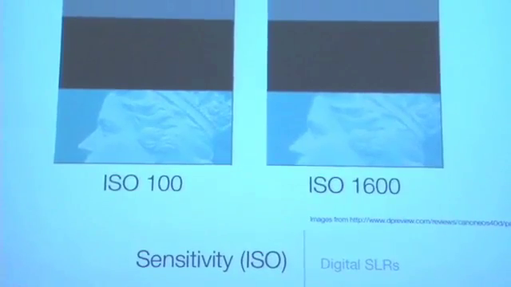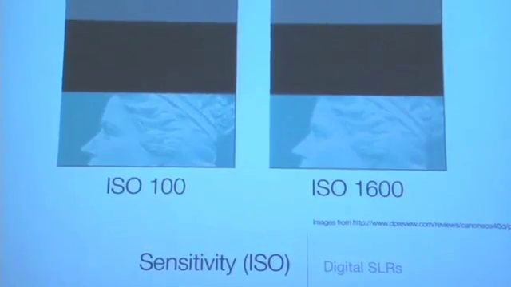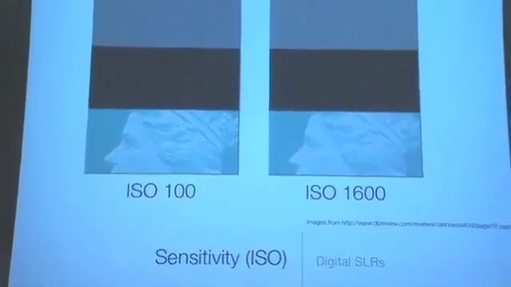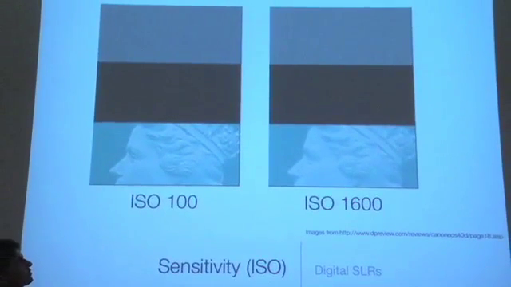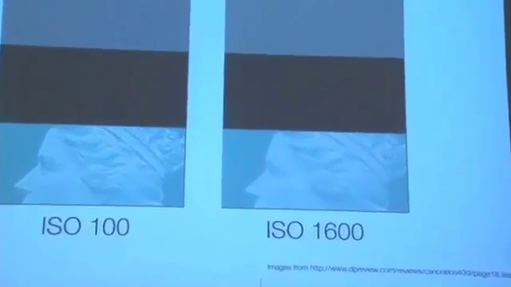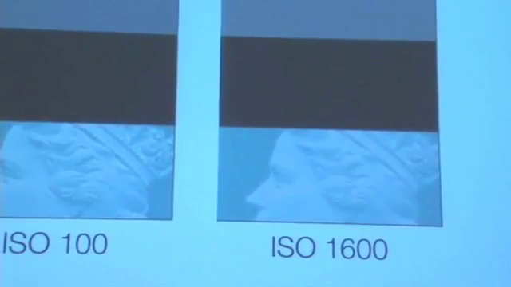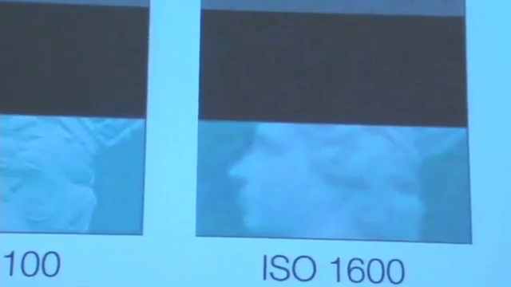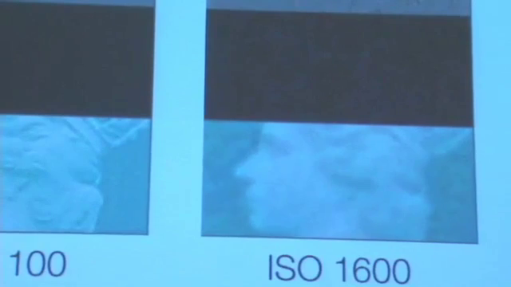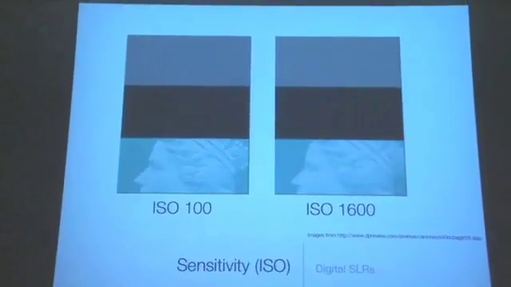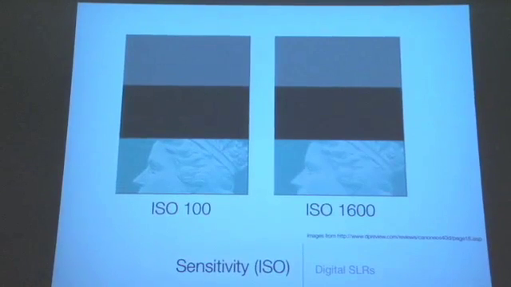There are other things going on as well, but for right now, if we break it down and simplify it to its constituent components, one of the major factors in why this ISO 1600 is much cleaner, much less noisy than the ISO 1600 of the compact camera deals with the size of the sensor in the camera itself. The larger sensor is able to capture more photons and is therefore able to be a bit more sensitive.